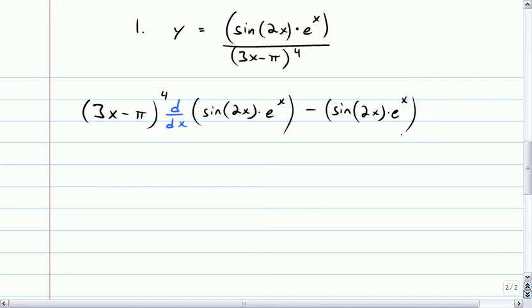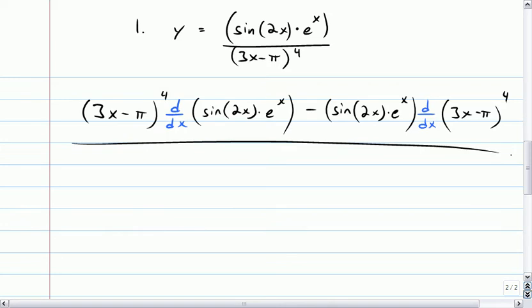So there's my high, and then this is d low. And then all over low squared.